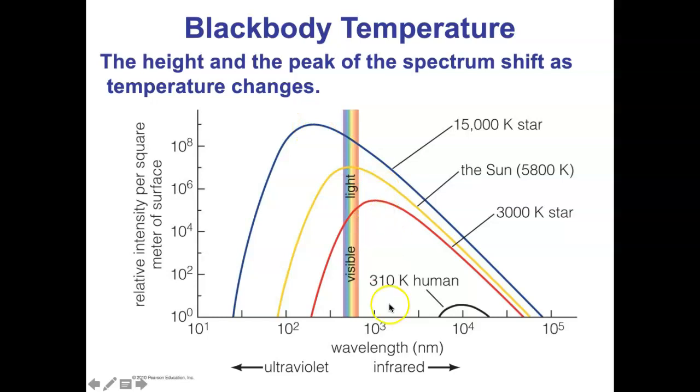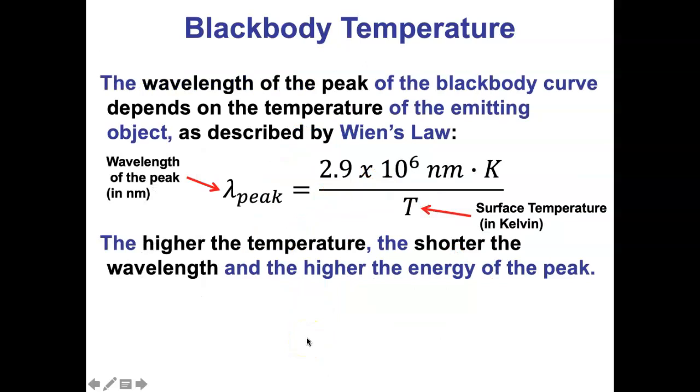This wavelength is only determined by the temperature of the object. The hotter it is, the bluer it is. If the temperature goes up, the wavelength of the peak goes down.